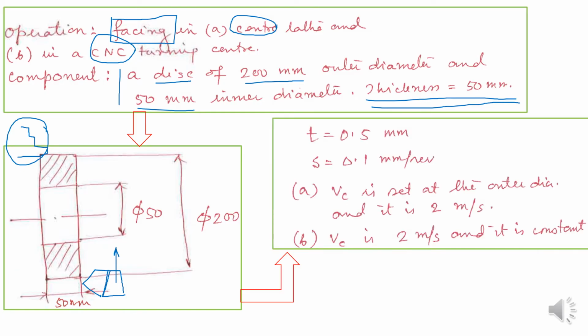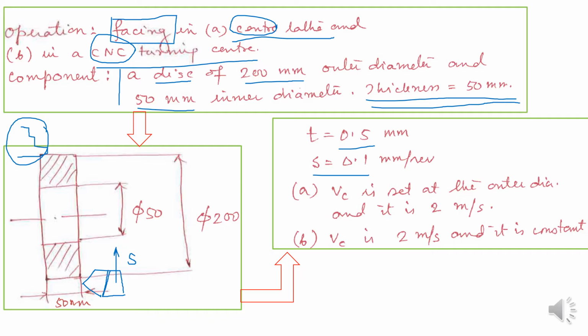What are the other parameters being defined? Depth of cut, that is the axial depth of cut between the tool tip and the surface, is 0.5 millimeter. Feed with which it is moving in the transverse direction is 0.1 millimeter. There are two cases. One is a center lathe, another one is a CNC turning center.